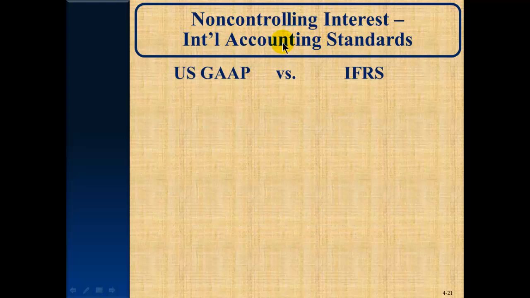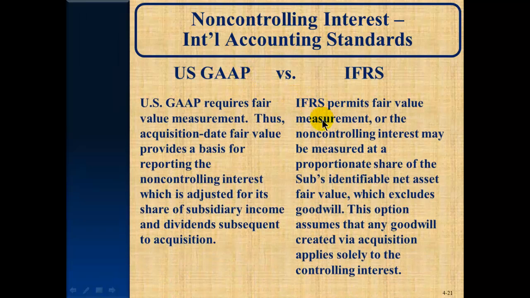Non-controlling interest: when you compare GAAP and IFRS, there's pretty good convergence between the two. The GAAP treatment, you can read; this is what we've talked about and what we're teaching. IFRS would permit fair value measurement, or the non-controlling interest may be measured at a proportionate share of the subsidiary's identifiable net assets fair value. In that case, you're going to have a proportionate split of your goodwill.